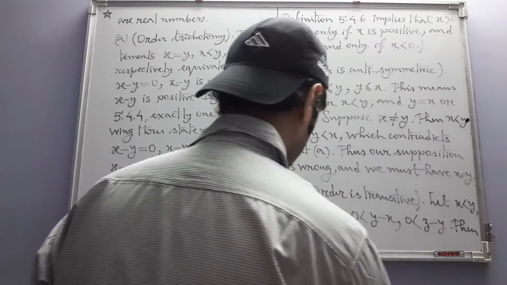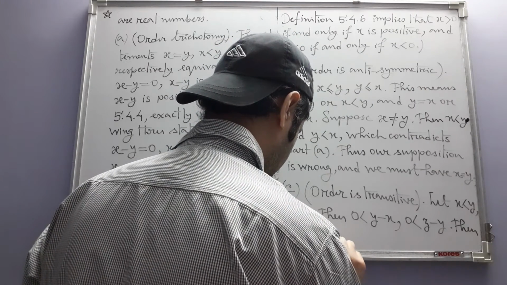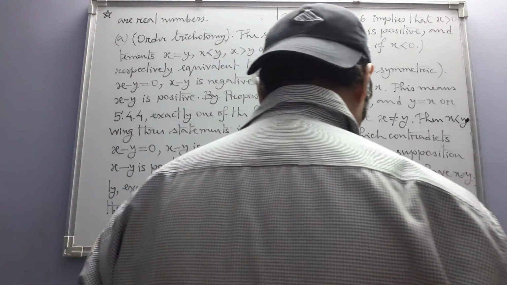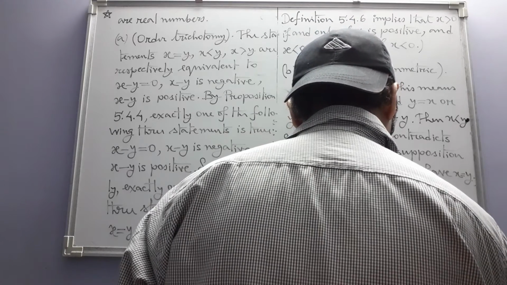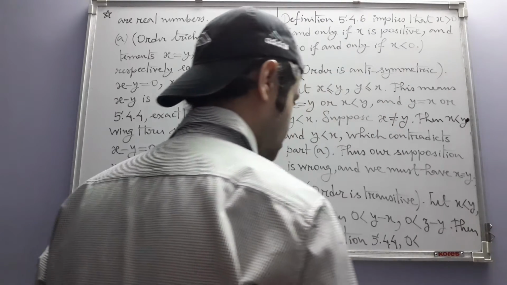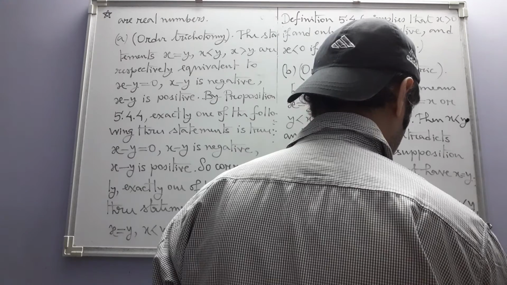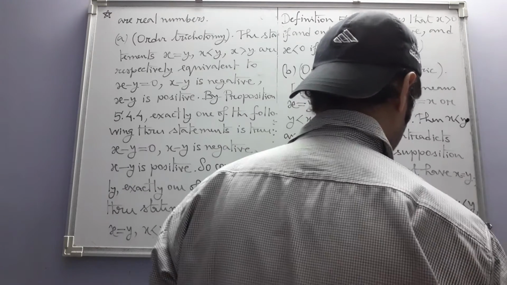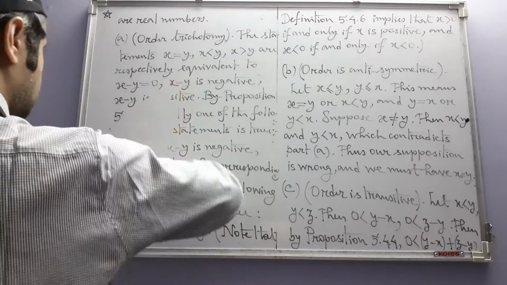Then zero is also less than y minus x plus z minus y, which is equal to z minus x.